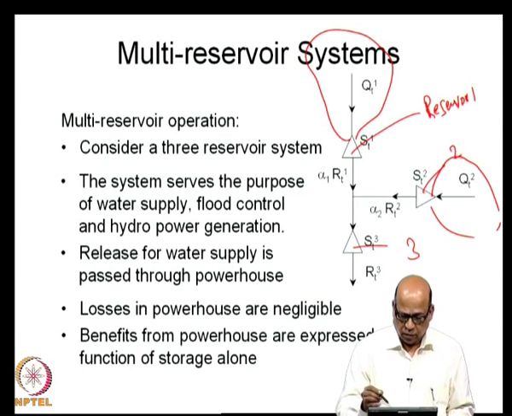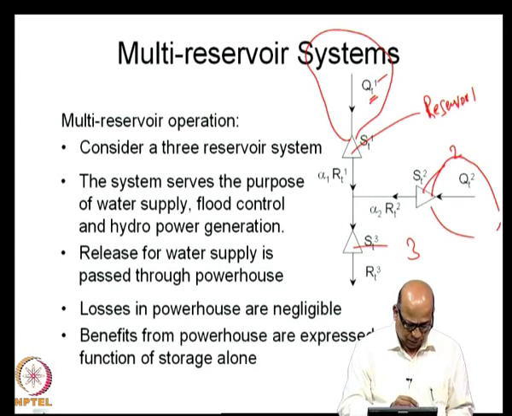So, we are indicating Q1t as the inflow in time period t at reservoir 1. Similarly, Q2t is the inflow in time period t at reservoir 2.